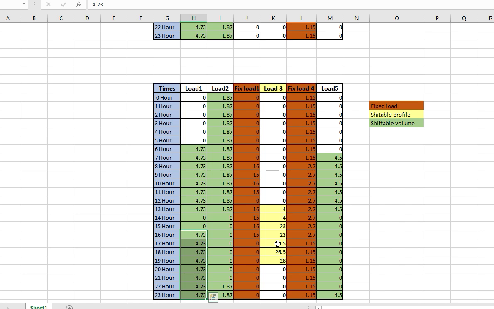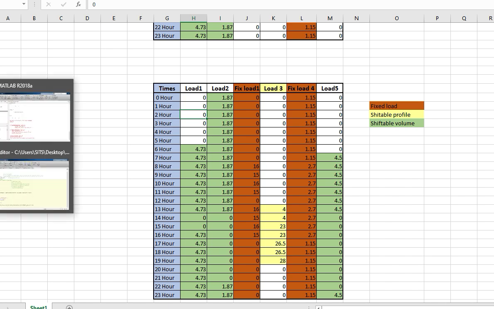The only thing is, whatever way you manage it, this total load, whatever its magnitude, should be met within 24 hours. It doesn't matter what order you use or in which hour you meet it. It is totally your choice.